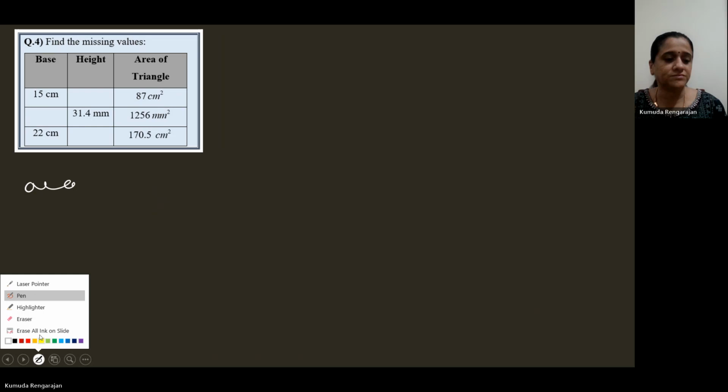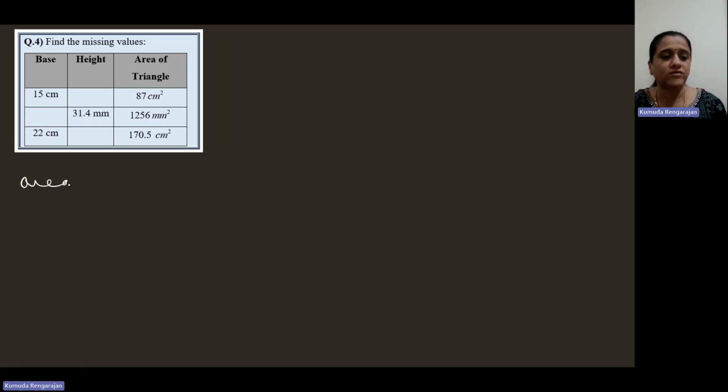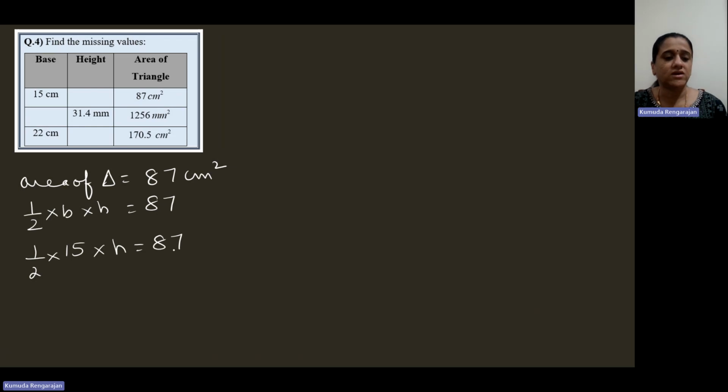Area of triangle. Area of triangle is equal to 87 centimeters square. All right. So area is half base into height. So half into base into height is equal to 87. Half into what's the base? 15, right? Into h is equal to 87. So what is h?